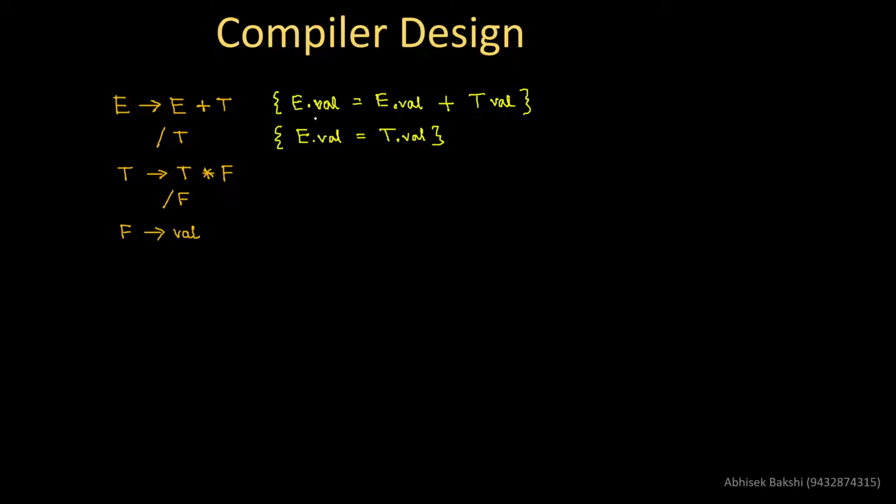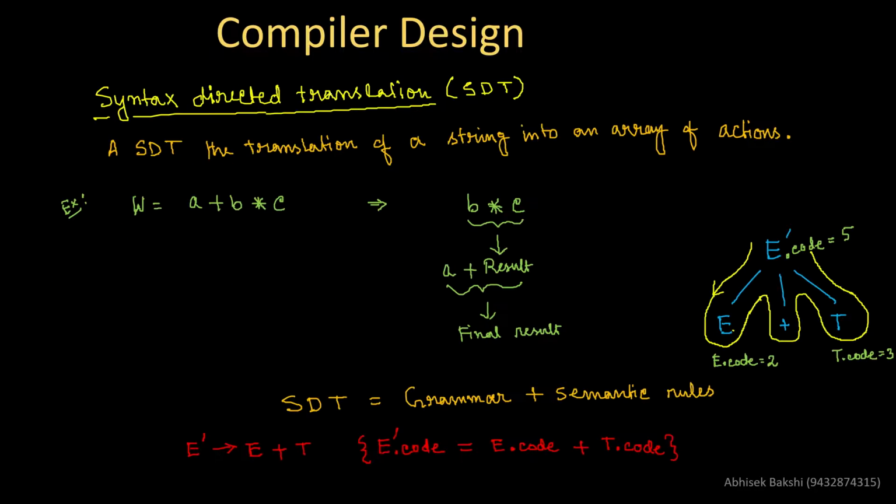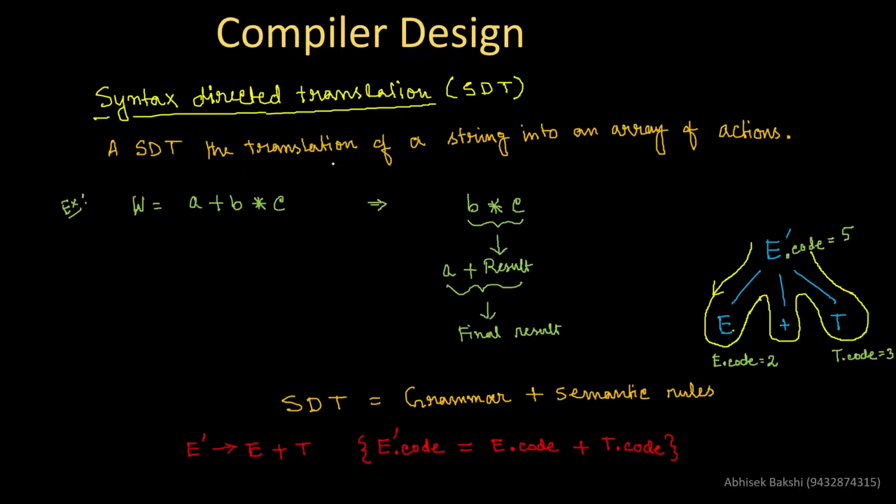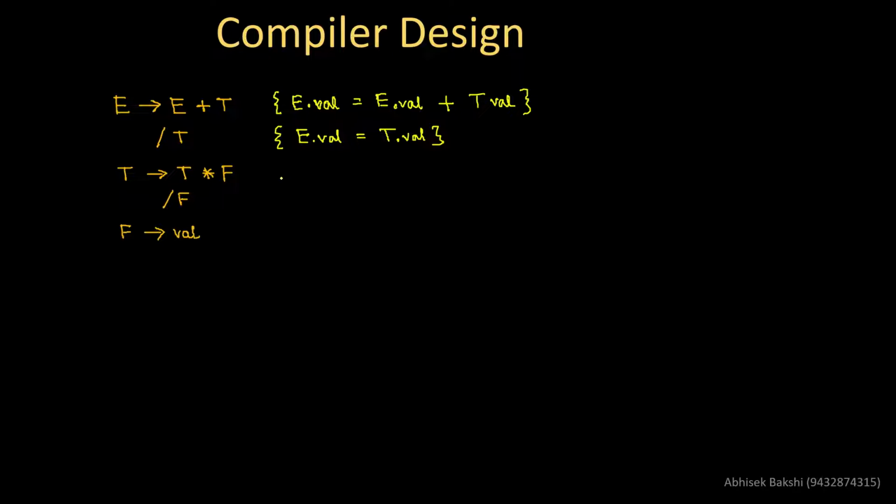Understanding what dot val, attributes and rules mean, all these things we have already seen in the previous slide. I have already defined that, so I hope you can remember. Now for this third case, I hope you can easily predict what the semantic rule could be.